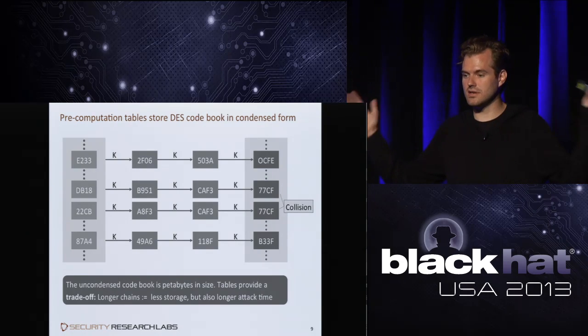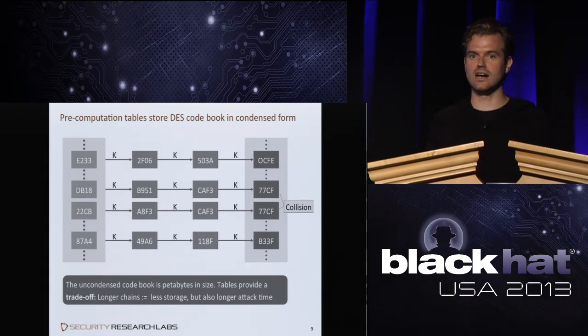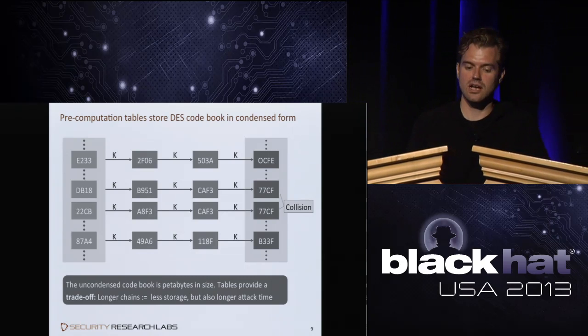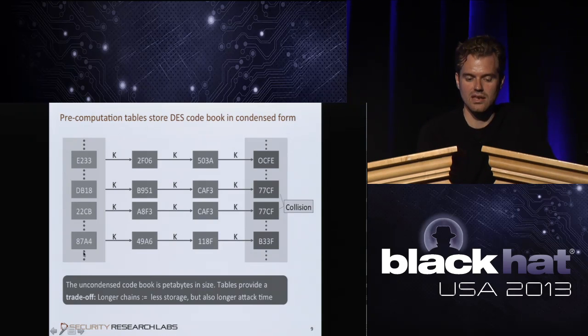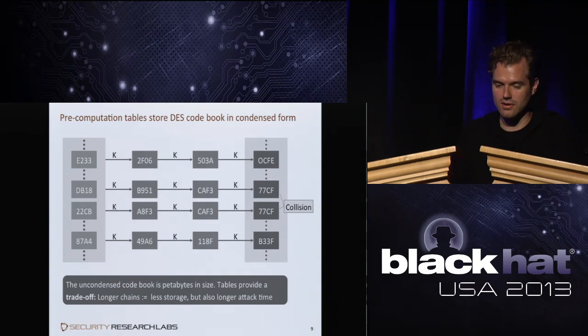And of these 32,000 chain links, you only keep the first and the last in this data set. So now you may cover the exact same number of values as in the phone book, but you need 1/32,000 of the storage only. So this is becoming terabytes then, much more manageable for home hard disks.